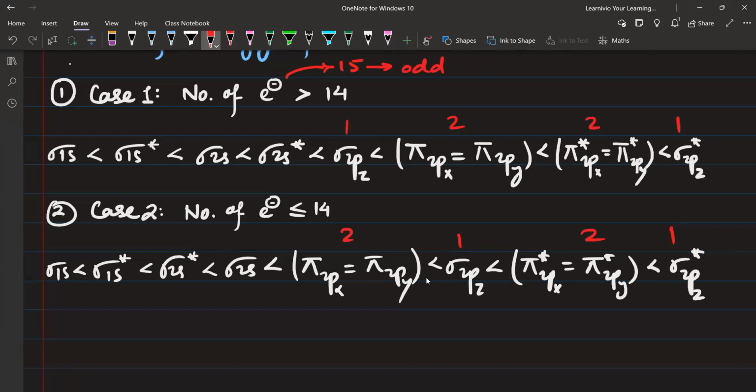In case 2, you are going to have 2 1 2 1 type of sequence. Okay, please write this down. We are going to do problems, and after the problems, you will understand it much better how we are going to use this.